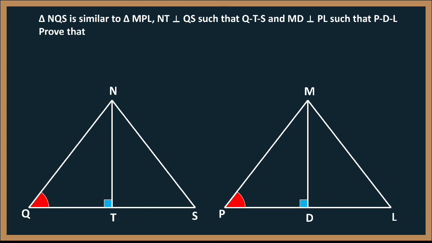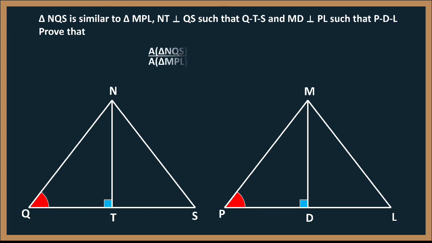Whenever they write letters like this, Q-T-S with dashes, it just means that the vertex T is in between Q and S. And MD is perpendicular to PL in the next triangle, such that P-D-L, that means D is in between P and L. Now prove that.